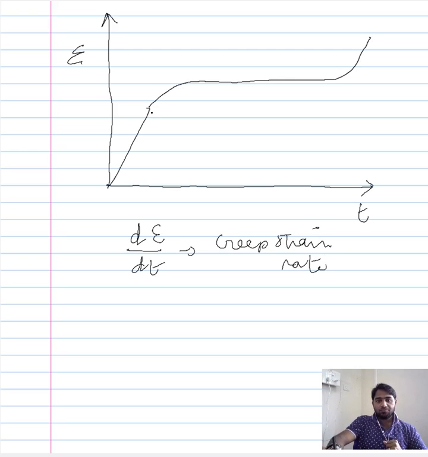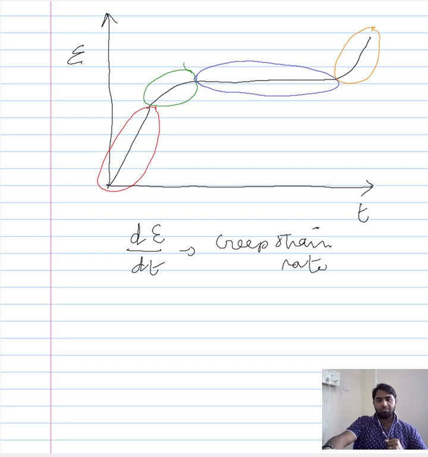Each of these sections has its own characteristic slope. The only way we were able to characterize each of these sections was based on the slope, and we can quantify these slopes by considering the creep strain rate, the creep rate, on the y-axis.